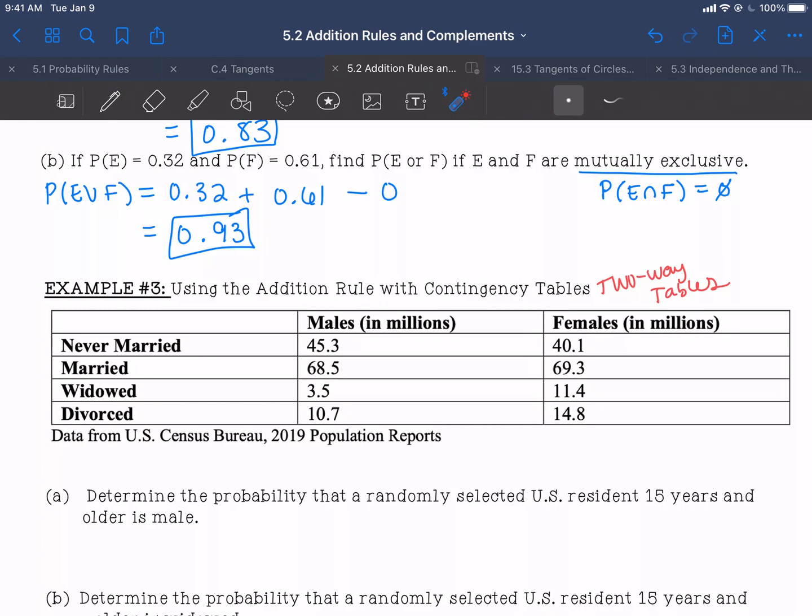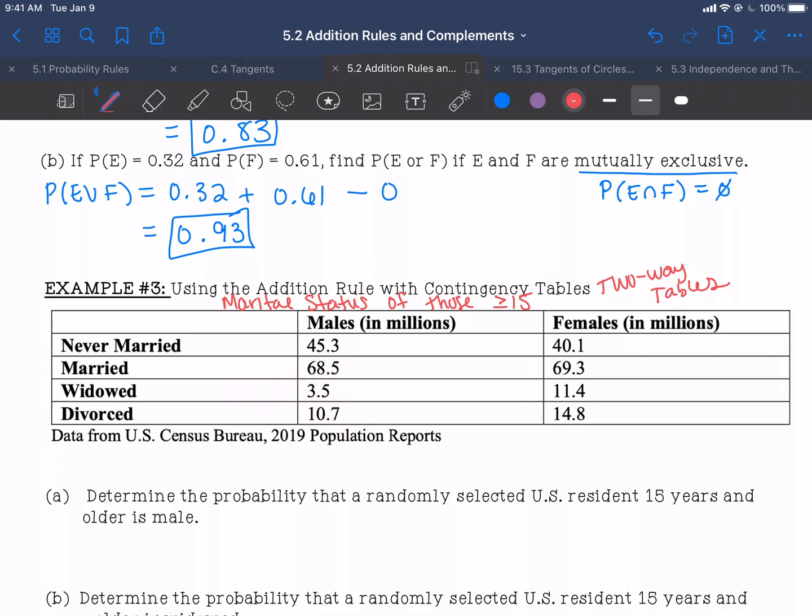So what this data is talking about is the marital status of those 15 years and older. So you have the number of males and number of females going down your columns, and then across your rows you have those never married, married, widowed, and divorced.